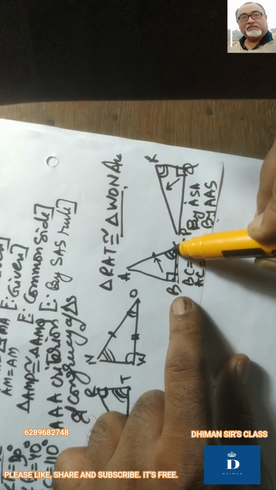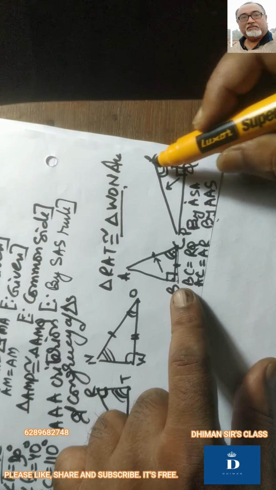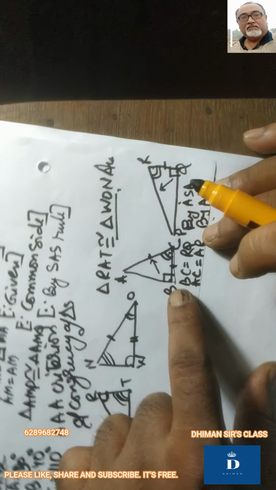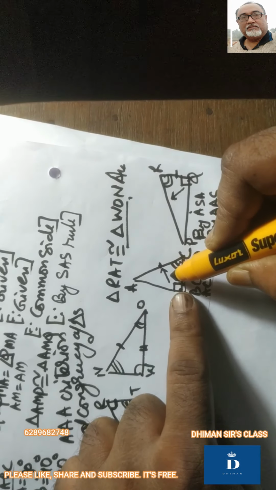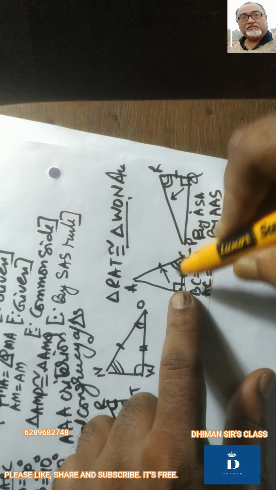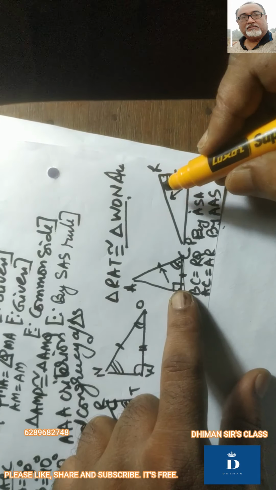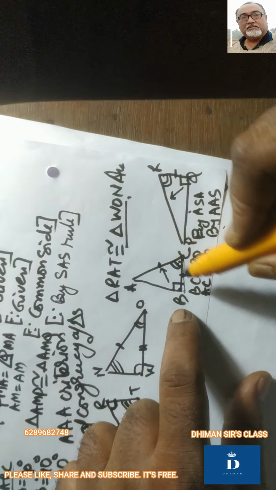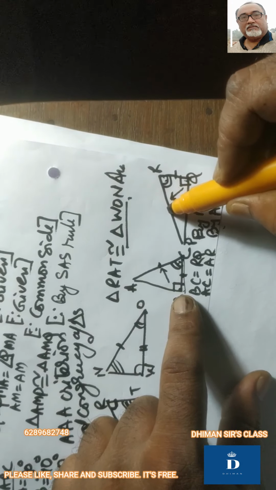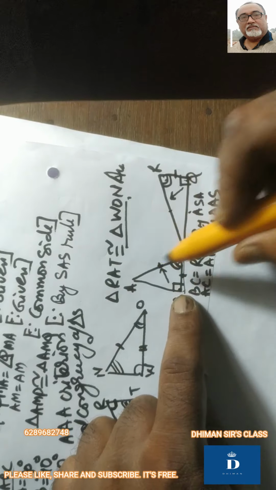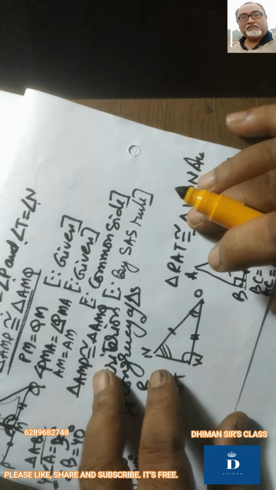So side BC would be corresponding to QR. And then the side opposite to the right angle is called the hypotenuse. Here also, the side opposite to the 90 degree is called the hypotenuse. So, in order to make it angle angle side, this hypotenuse must be equal to this hypotenuse. AC equals AR by angle angle side. Clear? Okay.